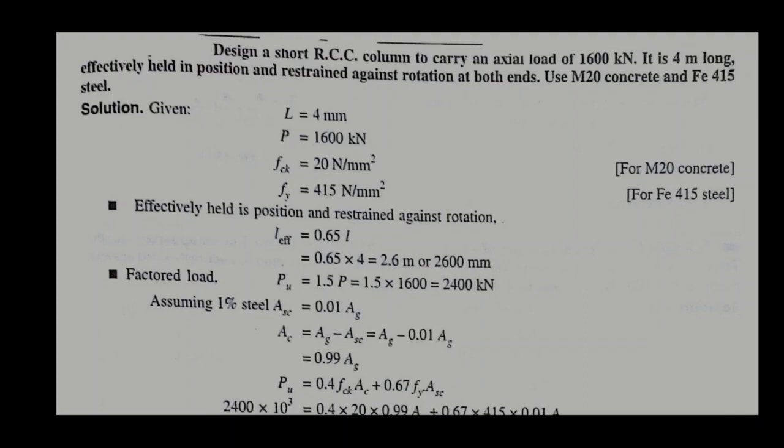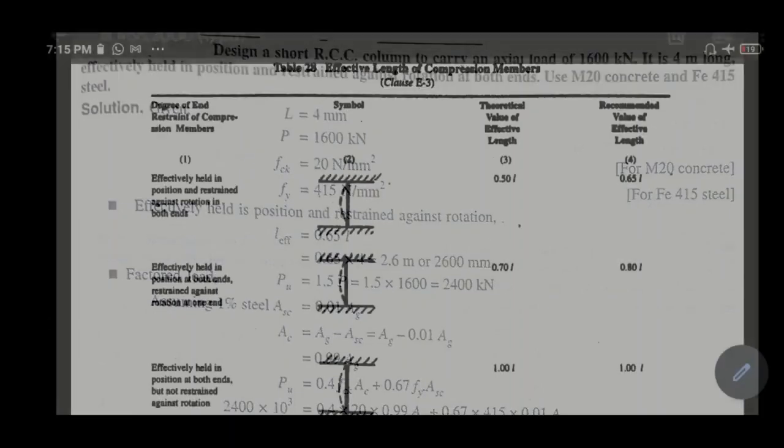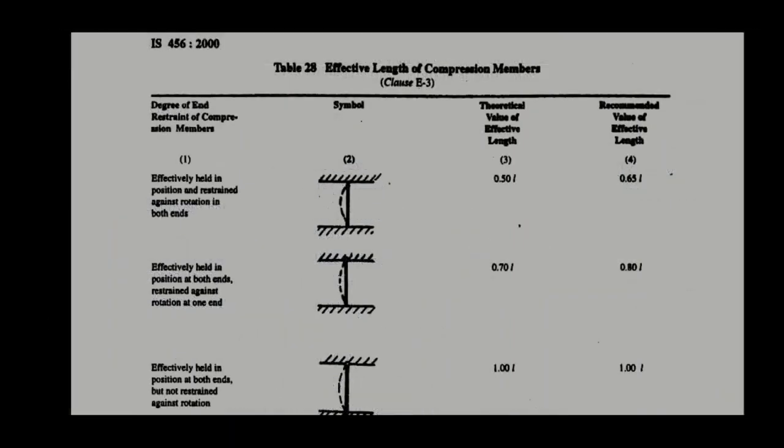Let's check out table number 28 of IS 456 2000. Look, in table number 28, in extreme left column, support condition or end condition is given. First one is effectively held in position and restrained against rotation in both ends. This is our end condition for this problem.